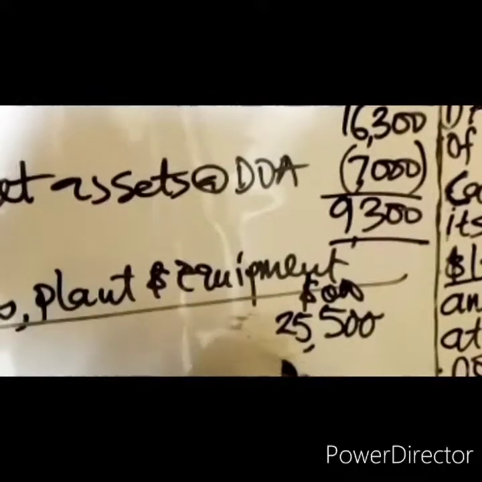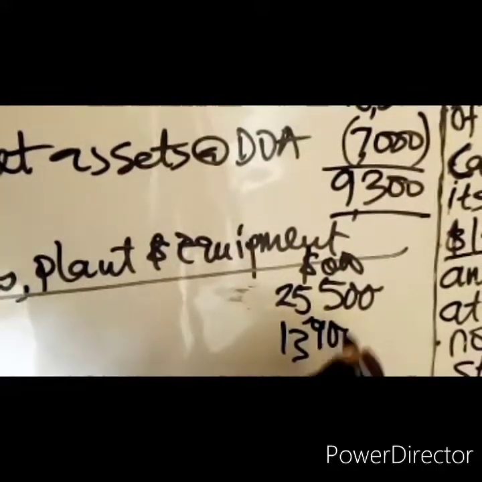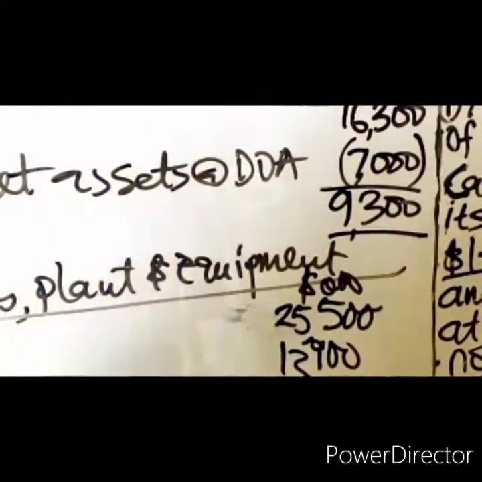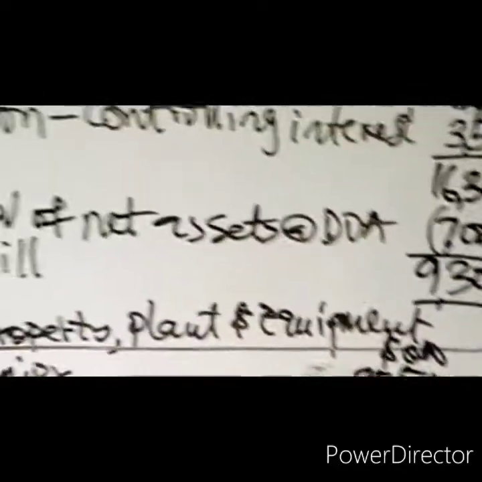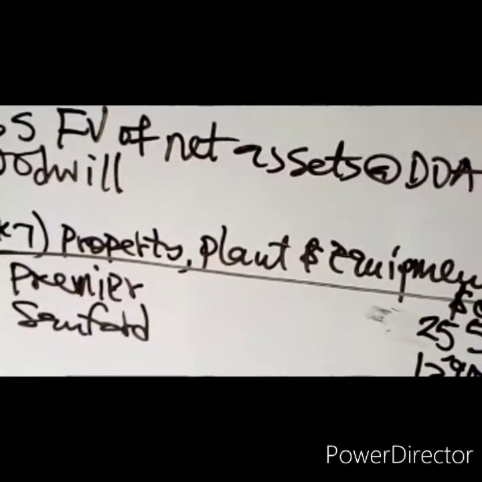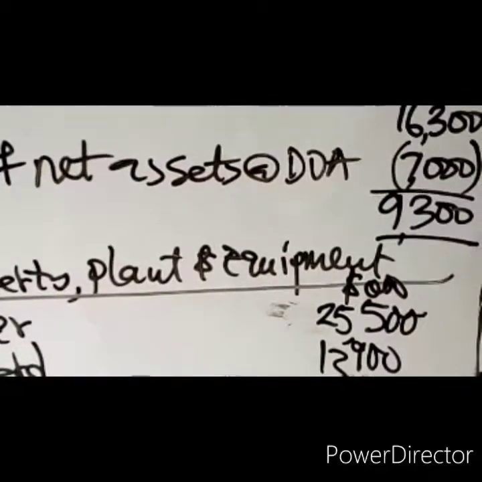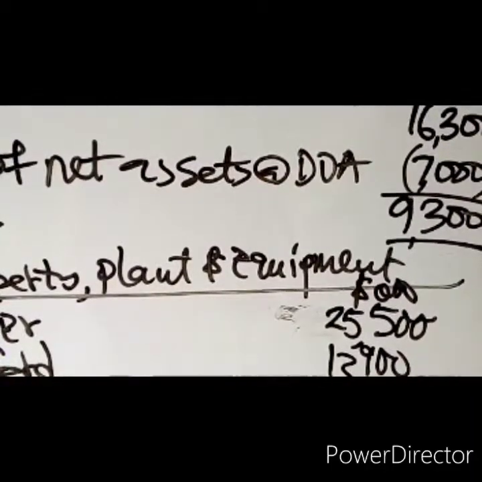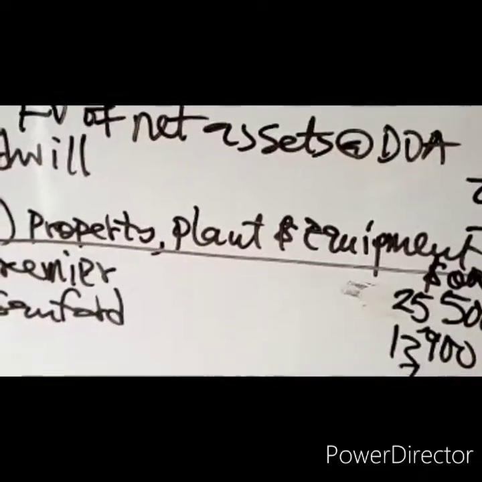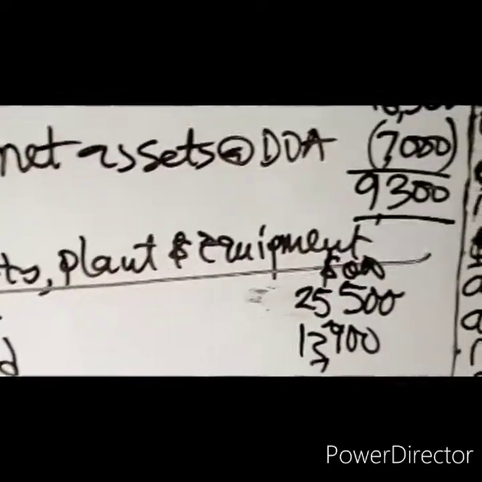That of Sanford is 13.9 million, and that of Premier is 25.5 million.